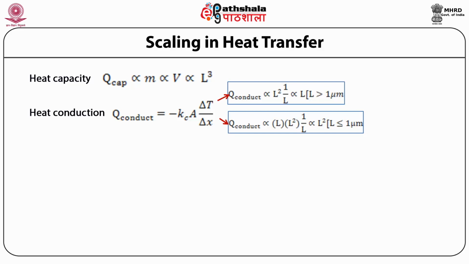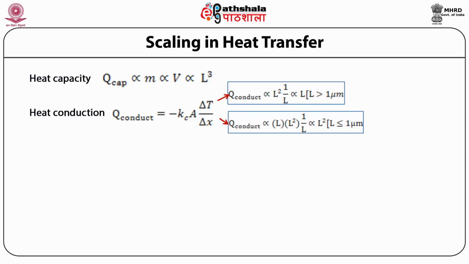The rate of heat conduction, that is Q conduct, in a solid is given by Q conduct is equal to minus Kc multiplied by A multiplied by delta T by delta X. Students, as we know that A has the dimensions L square and delta X as L, so L square multiplied by 1 by L is proportional to capital L. This is for L greater than 1 micron.